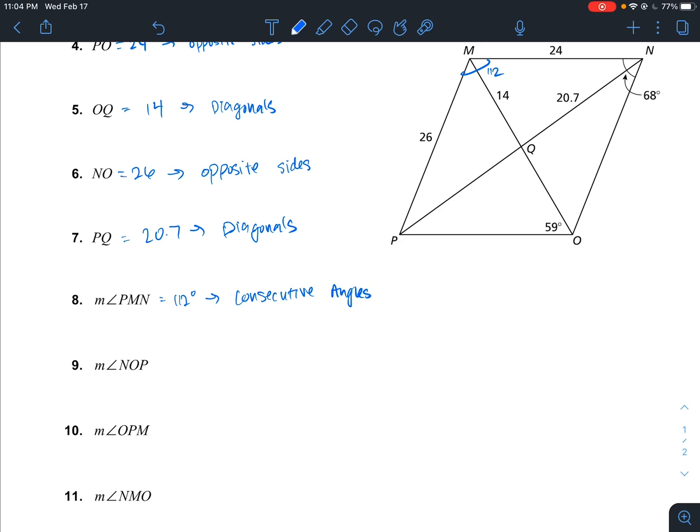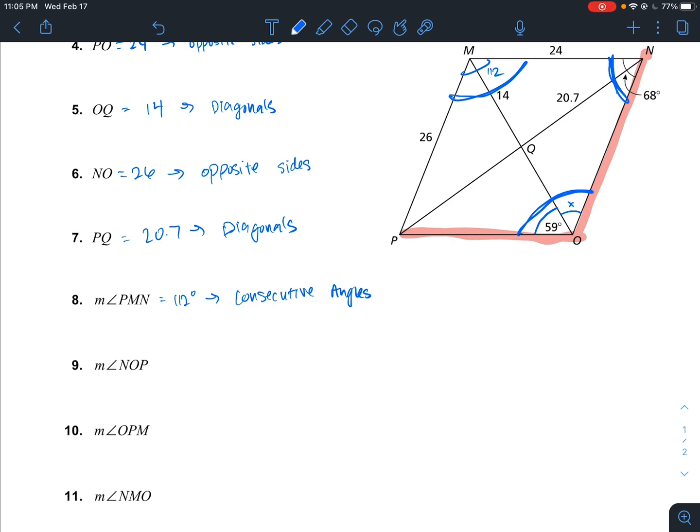Alright, now angle NOP. Now we only have one side of this measure right here. So this is 59. We don't know what this is right here. But what we do know is that it is supplementary with its consecutive angle.